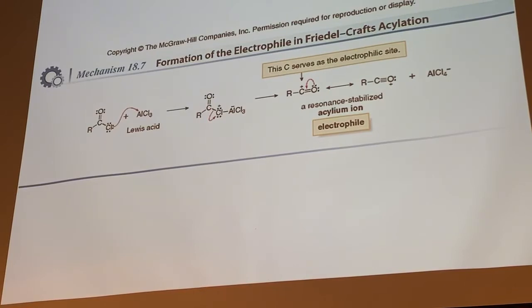And here we can generate the carbocation because the cation that's formed is known as an acylium ion. It is a resonance stabilized cation. We have a lone pair adjacent to a positive charge, so we have the ability to draw a resonance structure. Of these two resonance structures, which one is more stable or the major contributor? The one on the left or the one on the right? The one on the right, exactly. Why?